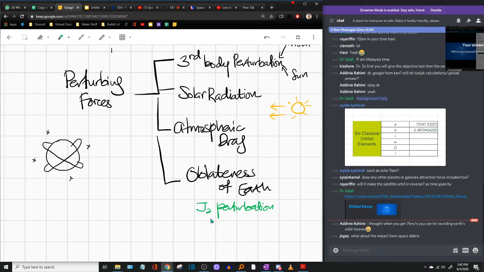What about impact from space debris? Well, we don't call that a perturbing force anymore. I think that would be a catastrophe. That's just like a bullet hitting you. What we are dealing with here are small perturbing forces acting on the satellite over time.